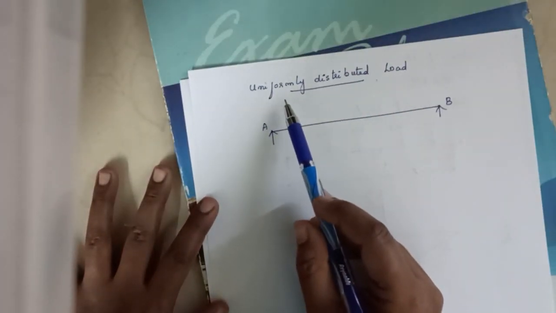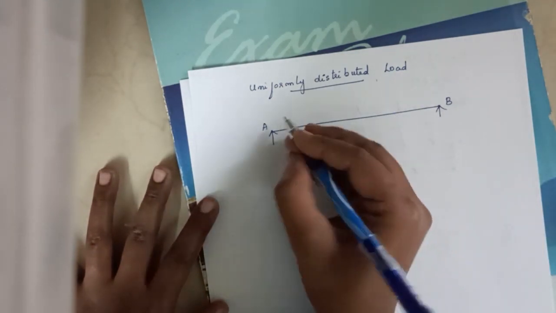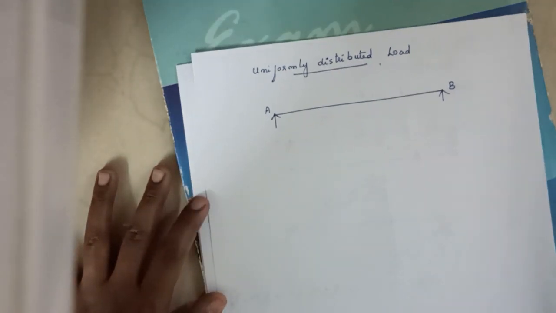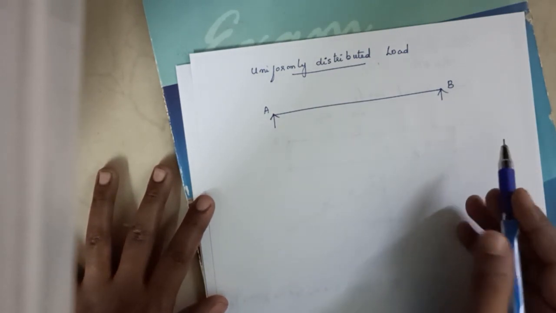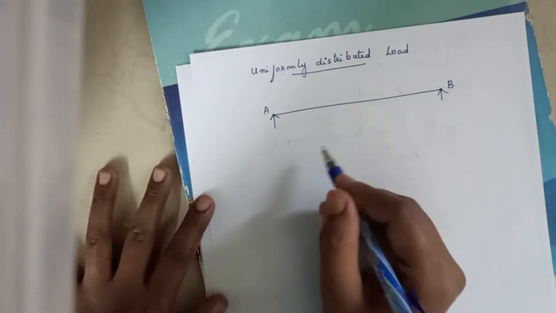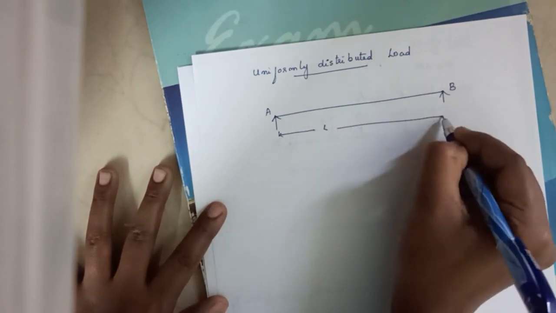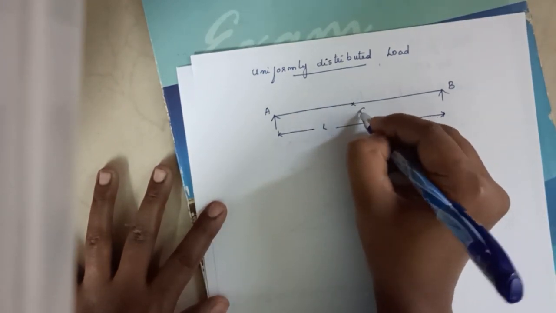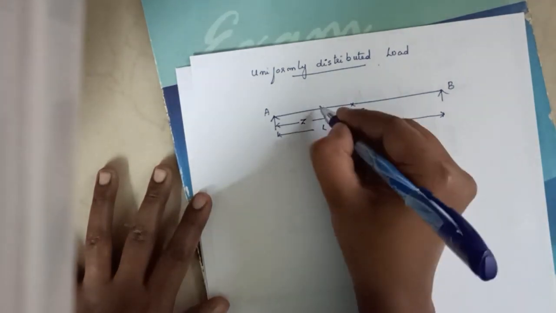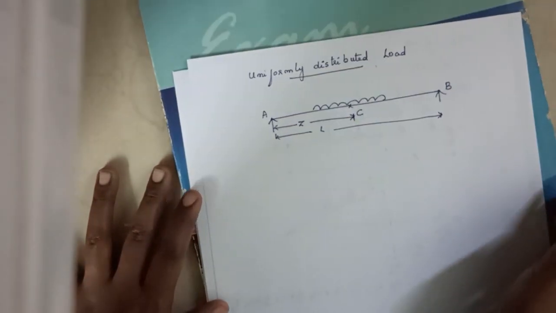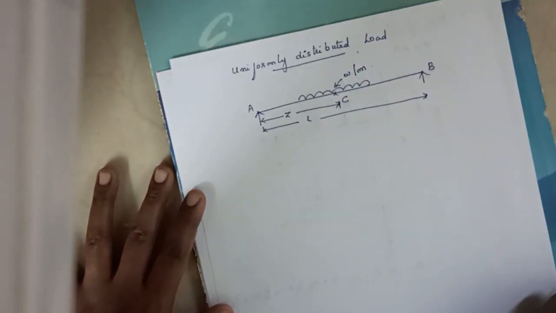If the load is a UDL in nature, for that also we can find out the bending moment and the shear force for a particular section using this influence line diagram concept. For that, consider a simply supported beam AB of length L, section C at a distance Z from support A. Consider a load of intensity W per meter length.